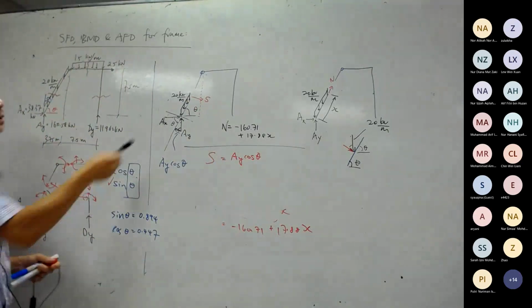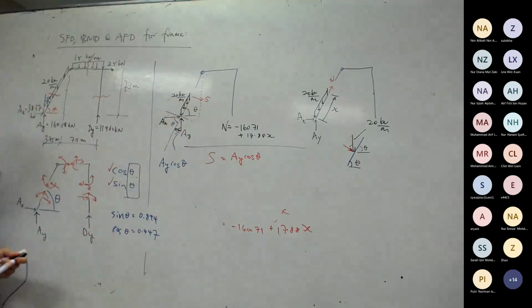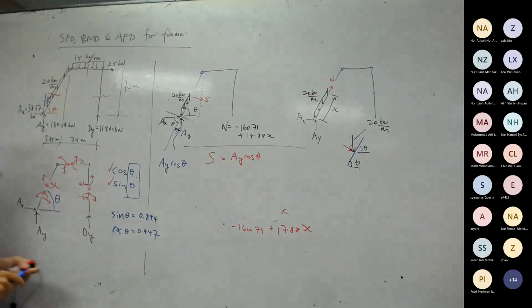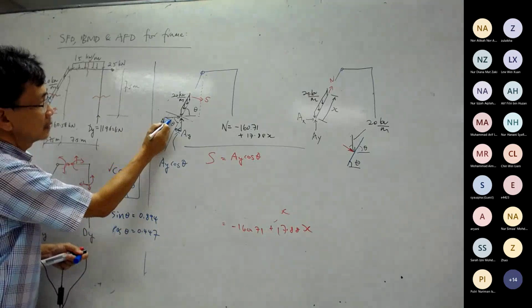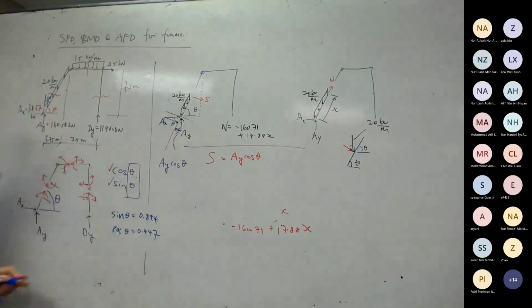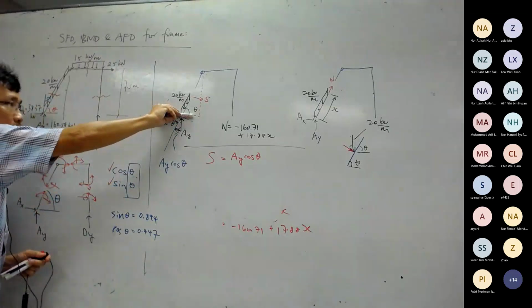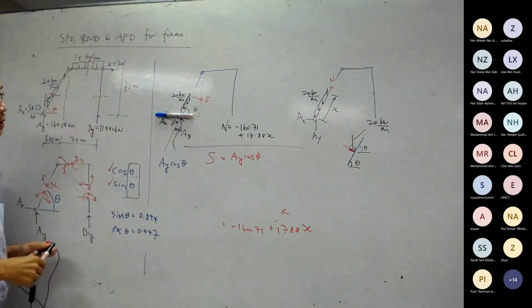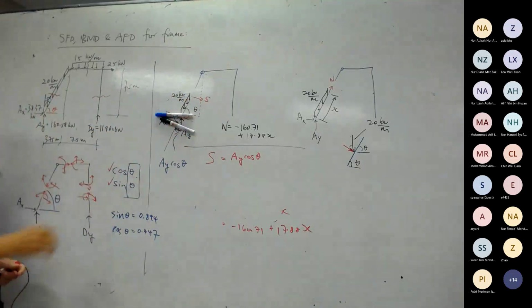And the next one will be AX in that direction. So it will be this component. Try to get it in this component. This is parallel to that.